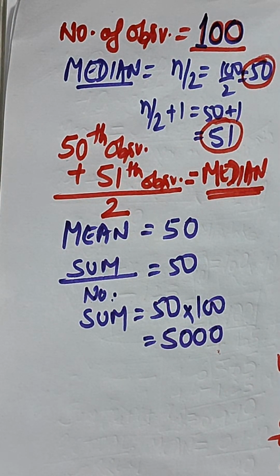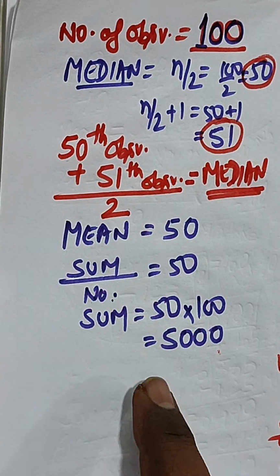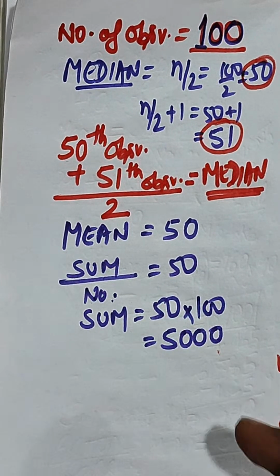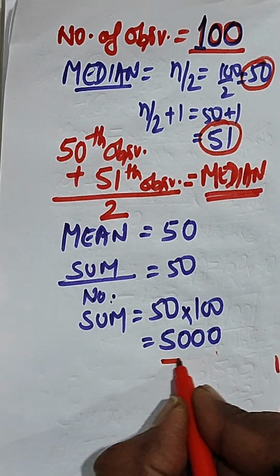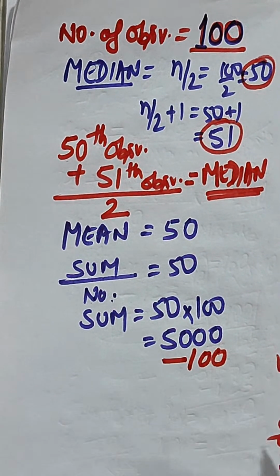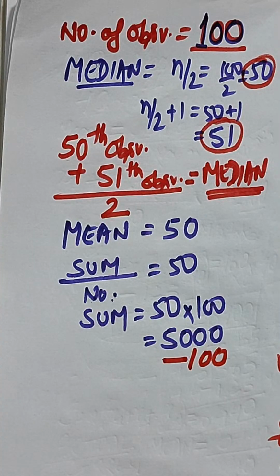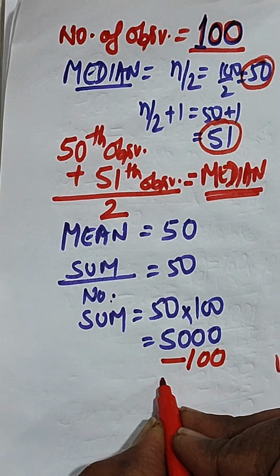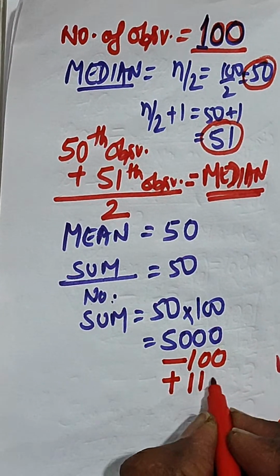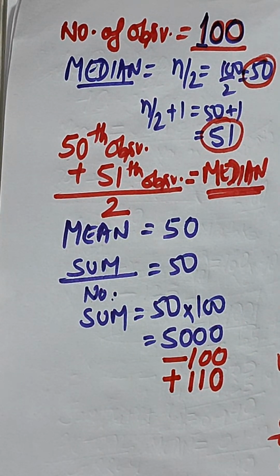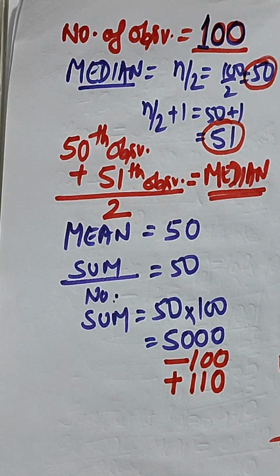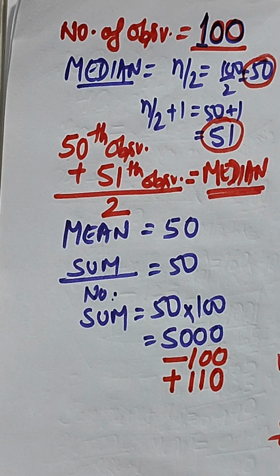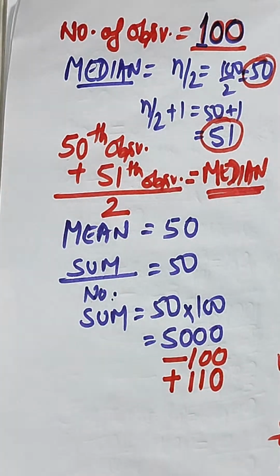Now from this 5000, as we did earlier, just subtract this 100, because you are saying 100 is wrongly captured, and then add the correct number. From your question, 110 is the correct option instead of 100, so let us add it.